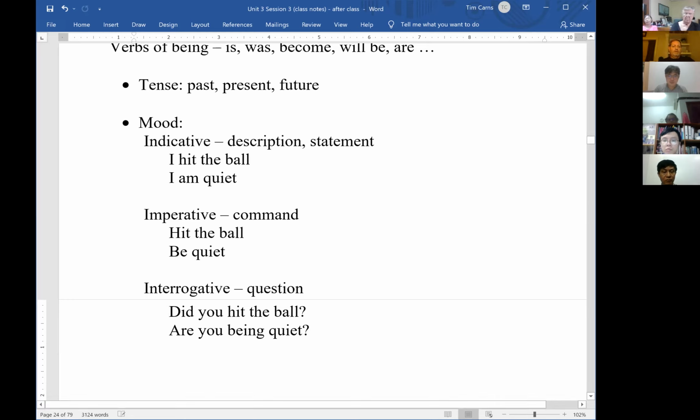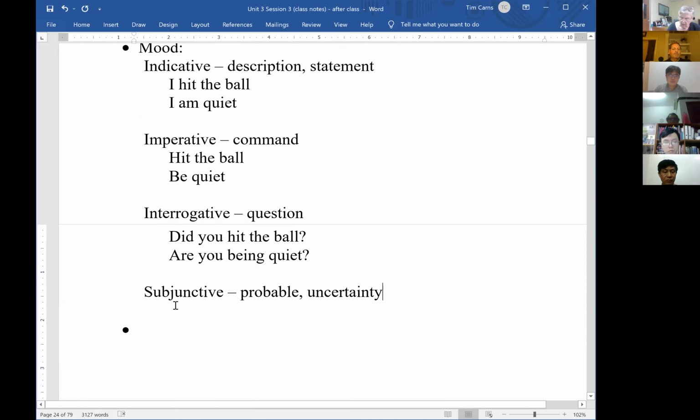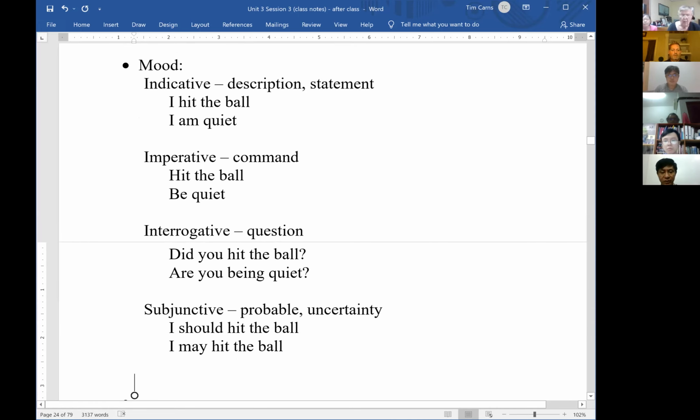And then finally, there's another mood called subjunctive. That's the mood of probability, or we might say uncertainty. So, for example, I should hit the ball, or I may hit the ball. There's not a certainty of the action at this point. In the indicative mood, there's a certainty.